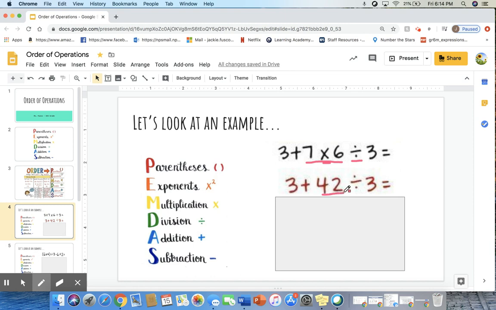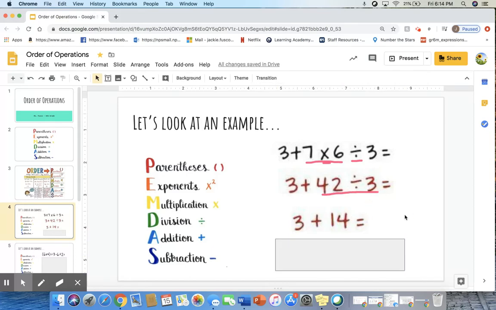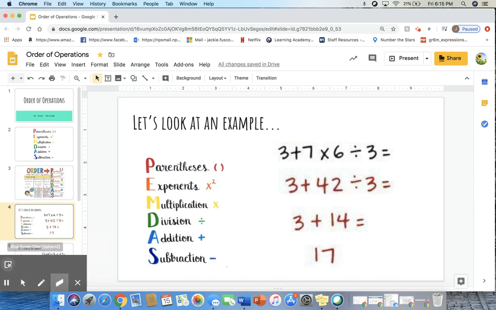I have to divide 42 divided by 3. Again, I'm not adding yet. I need to divide first. So 42 divided by 3 is 14. That's my next step. Now, finally, I can add 3 plus 14, and that is going to give you your answer of 17. Okay, let's look at another problem.